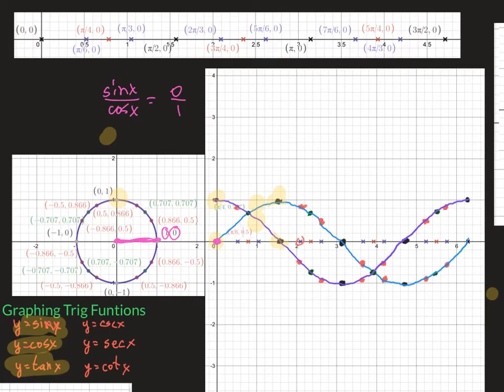Right? Now you go to the next spot, and you can say, okay, well the sine is 0.5, the cosine is √3/2, and so that's just going to equal 1/√3. And that's true, but also, if you notice, the slope is just delta y over delta x.